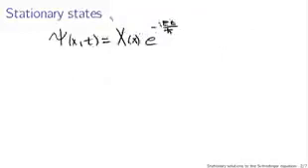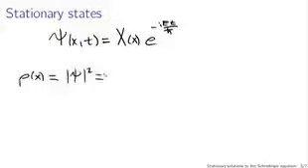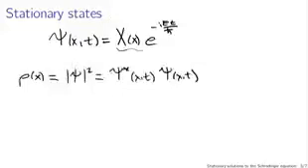What does it mean for these states to be stationary? Well, consider, for instance, the probability density for the outcome of position measurements. Hopefully you remember this is equal to the squared absolute magnitude of psi, which is equal to the complex conjugate of psi times psi. Now if I plug this in for psi and its complex conjugate, I end up with the complex conjugate of big X as a function of position times the complex conjugate of this.